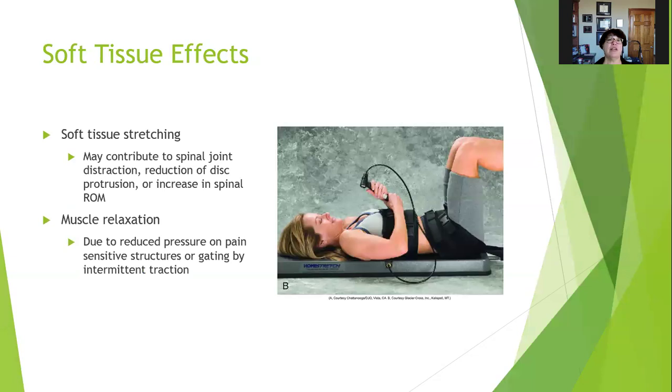The soft tissue effects: soft tissue stretching and muscle relaxation. Soft tissue stretching may contribute to spinal joint distraction as well, and reduction of disc protrusion, or just an increase in spinal range of motion just because you're stretching the soft tissues. Muscle relaxation can be due to reduced pressure on pain-sensitive structures or gating with intermittent traction.